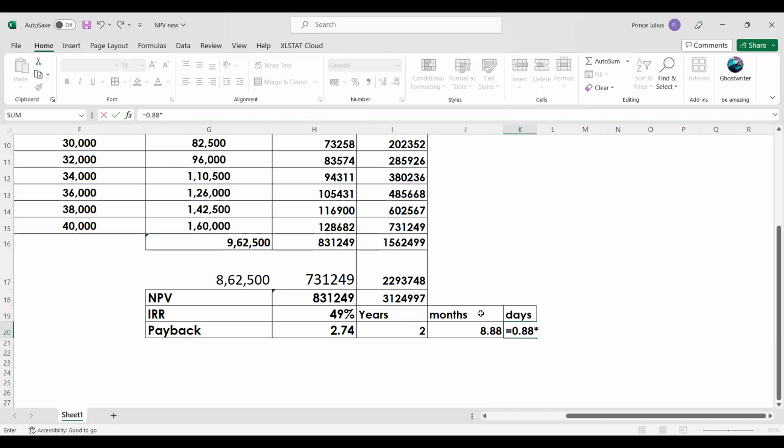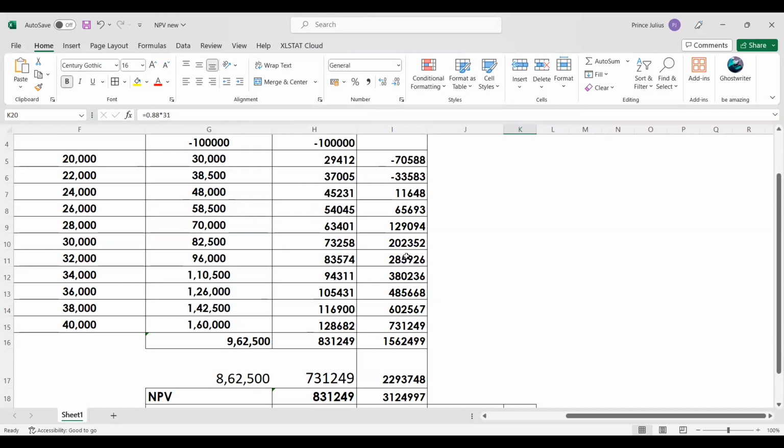If you are estimating the 8th month, the 8th month will be August, maybe 31 days. So you can just put it as 31 days. So you will be getting 27.3 days. So 2 years, 8 months, 27.3 days, you are going to get back the total money that you have invested. So this is exactly how to estimate the value of the payback period.